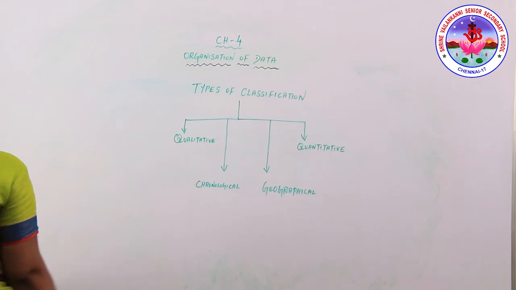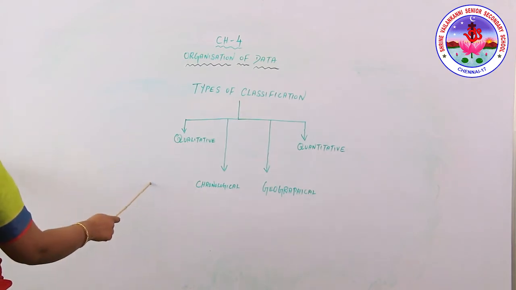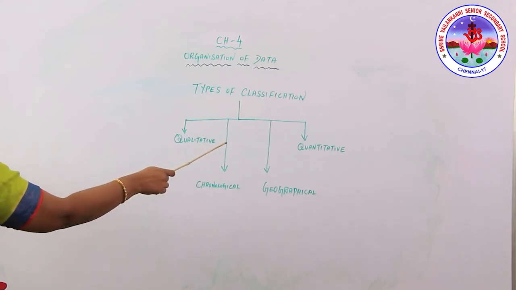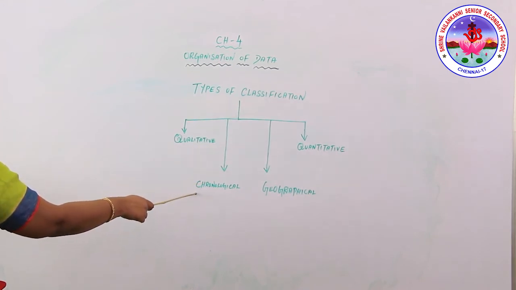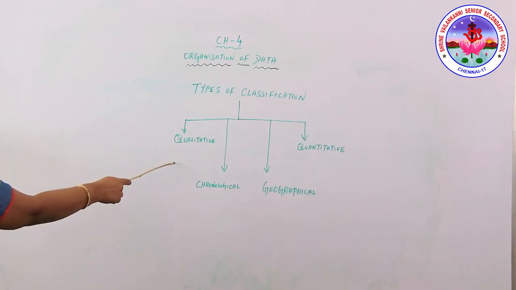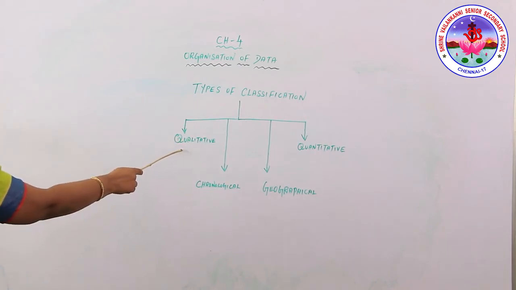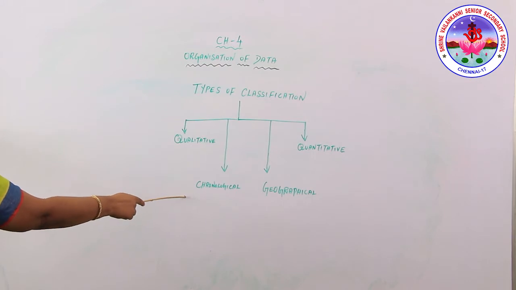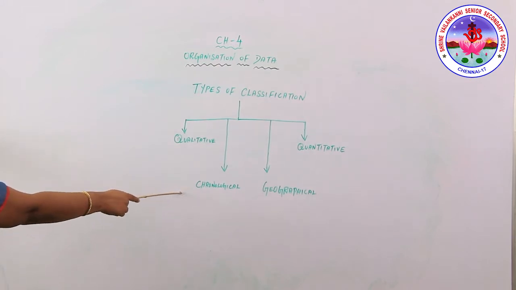Types of classification. The data is classified on the basis of four bases: qualitative, quantitative, chronological and geographical. In qualitative classification, the data is classified on the basis of descriptive character. In chronological classification, the data is classified with respect to different periods of time.